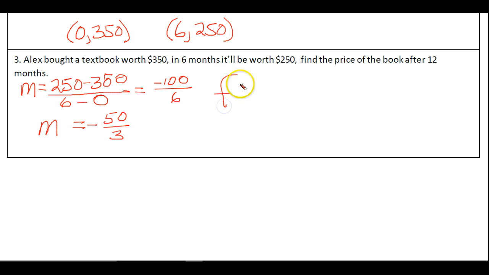So our function formula, a negative 50/3 t, which is now months, and there's our y-intercept here, plus 350. So when we put that into our formula, we're going to put a 12 here for the t.